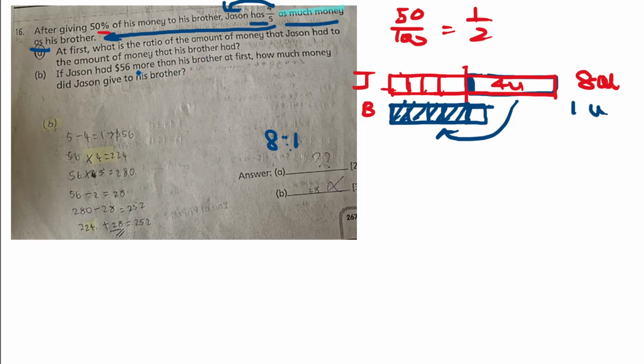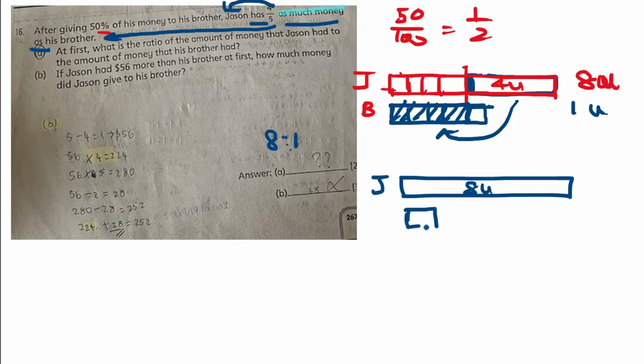Okay, if Jason has $56 more than his brother at first, remember I said at first is what? Jason will have 8 units, right? Jason is 8 units.